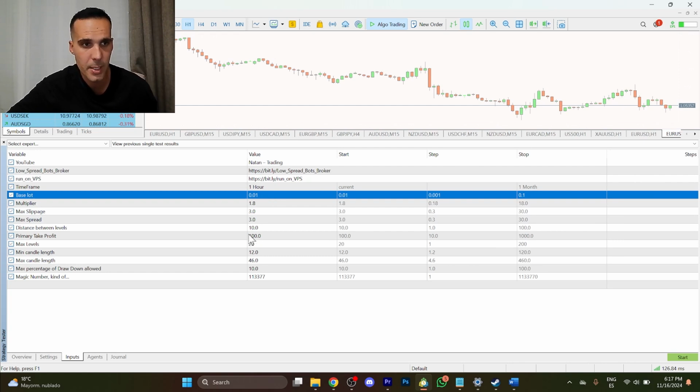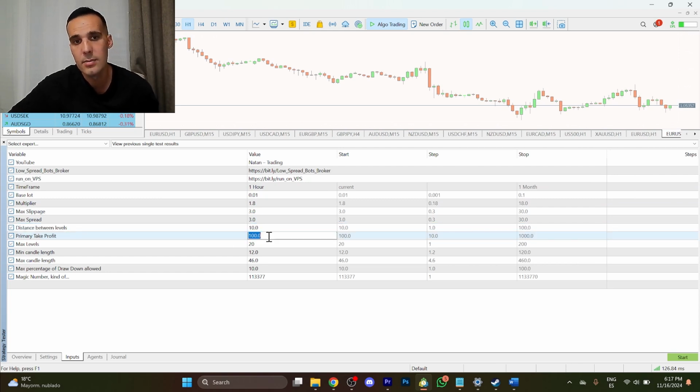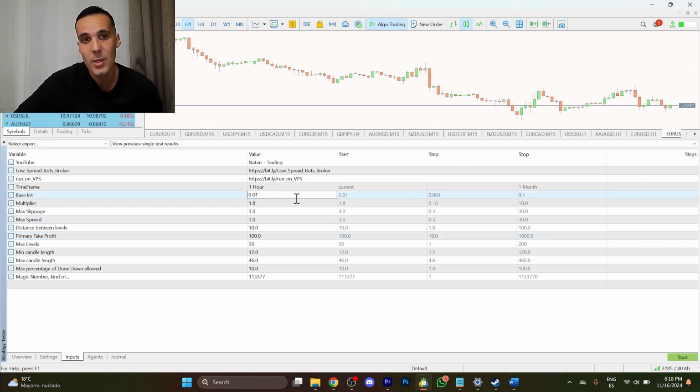Also, you will have to change the take profit or these levels. Why? Because here we're talking about pips, and in some other currencies or indices, the pips is calculated differently. So we have to some of them add a zero here and also delete 1 0 here.